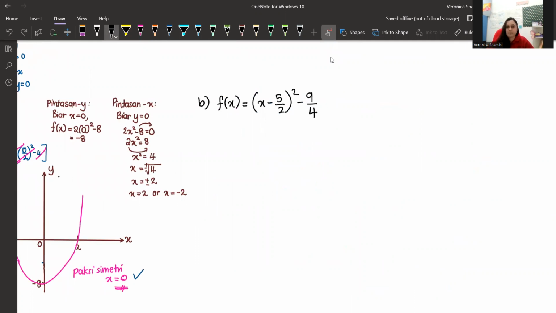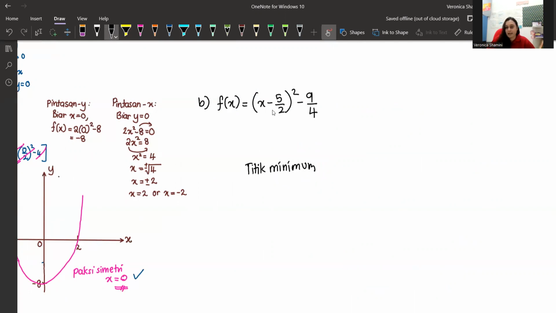Okay, we want to follow the steps, but actually step 2 you skip also. No need to do step 2 because this is already in bentuk penyempurnaan kuasa 2 is already in that form, CTS form.